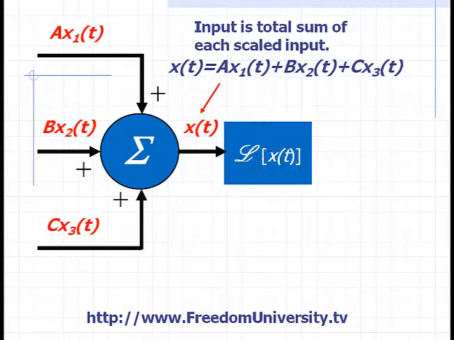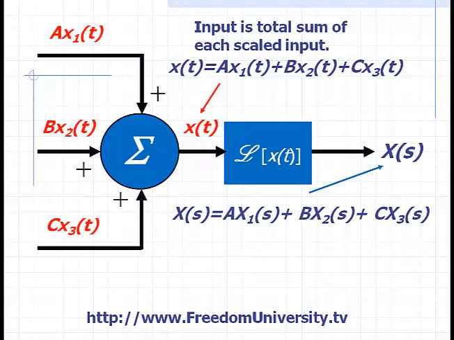So we perform a transformation, and we get an output X of s, which turns out to be the same one as on the previous slide: a X1 of s plus b X2 of s plus c X3 of s, where a, b, and c are all constants.